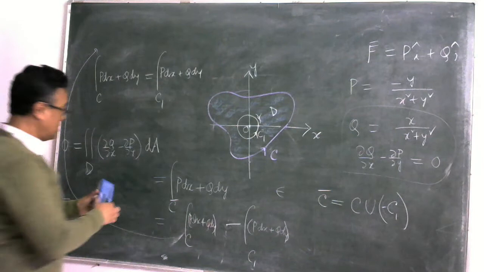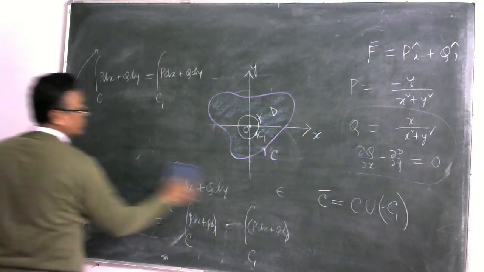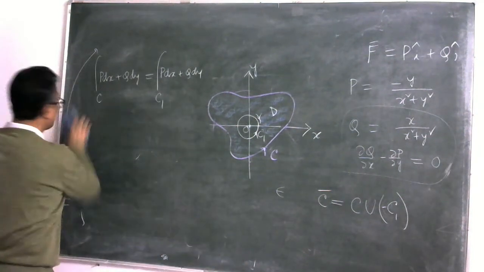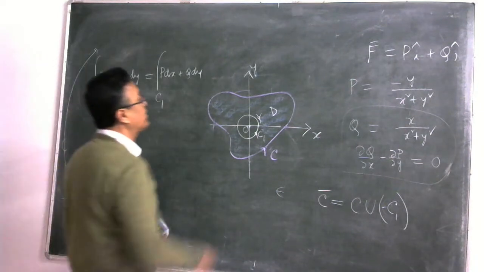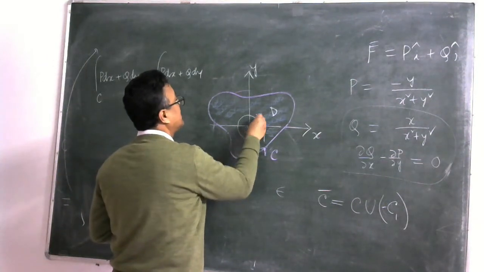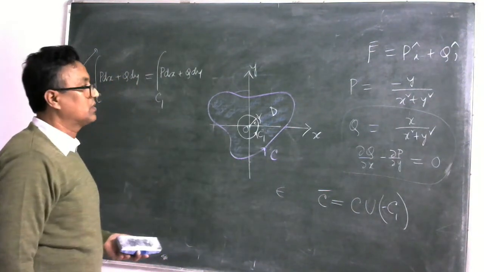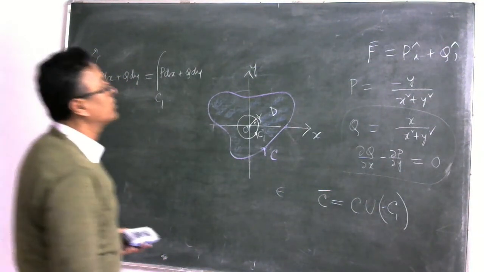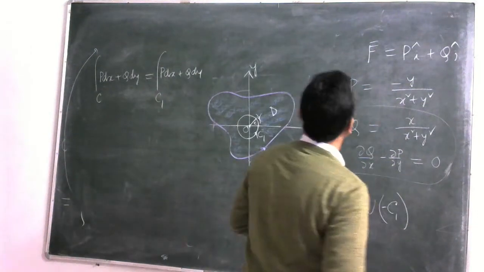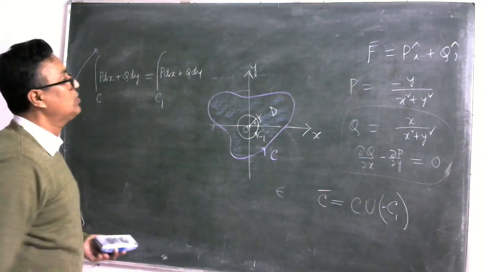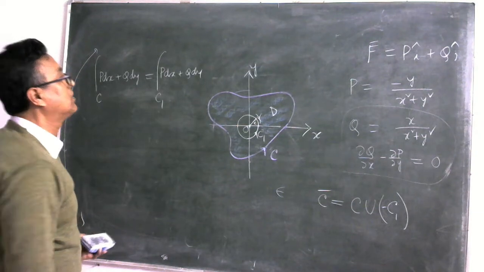Okay, fine. So now you can easily work it out. If I take its radius to be epsilon, then what are you going to have?